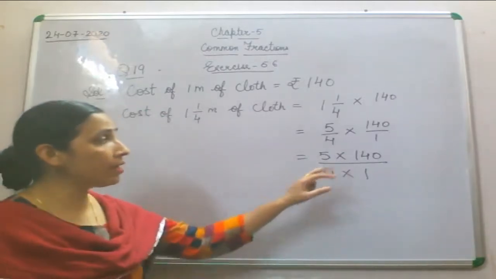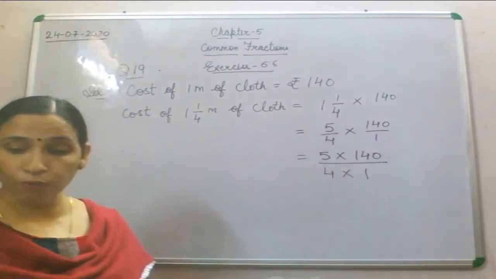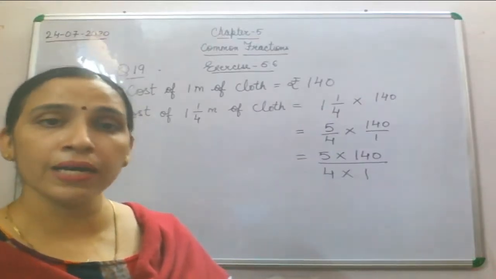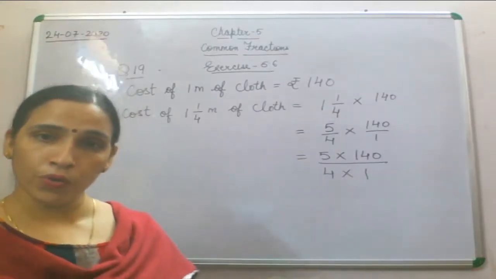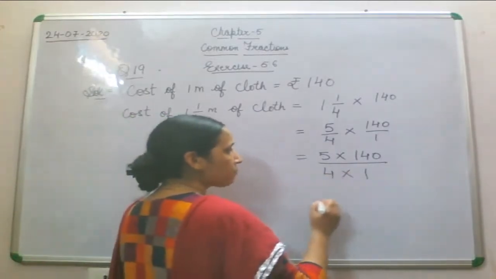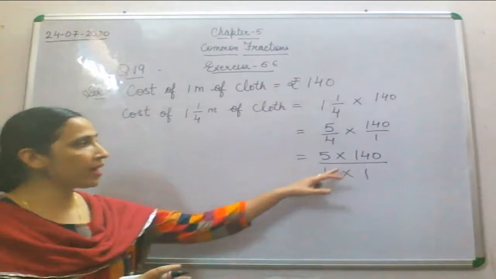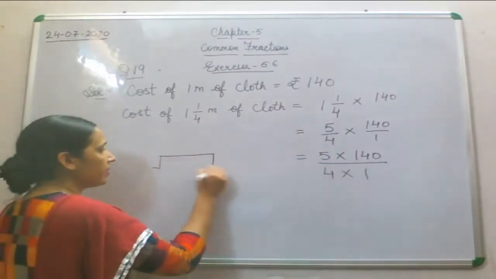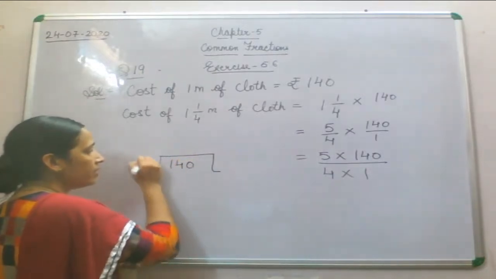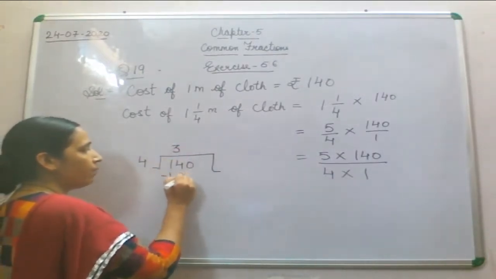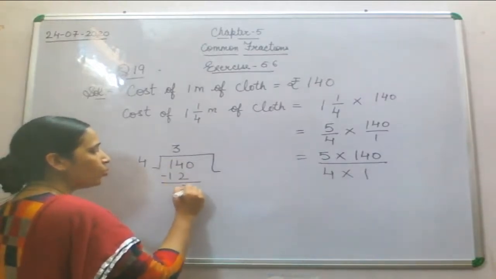Now, 140 comes in the table of 4. Yes, 140 comes in the table of 4. So what we will do, we will start dividing it, or if you cannot divide it here, then you can do the division like this. Now 140, 4 3s are 12, 2 0.